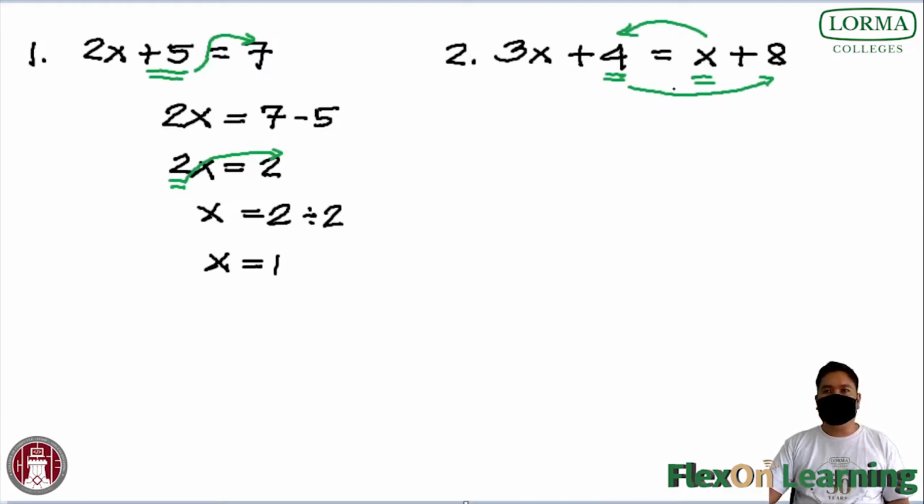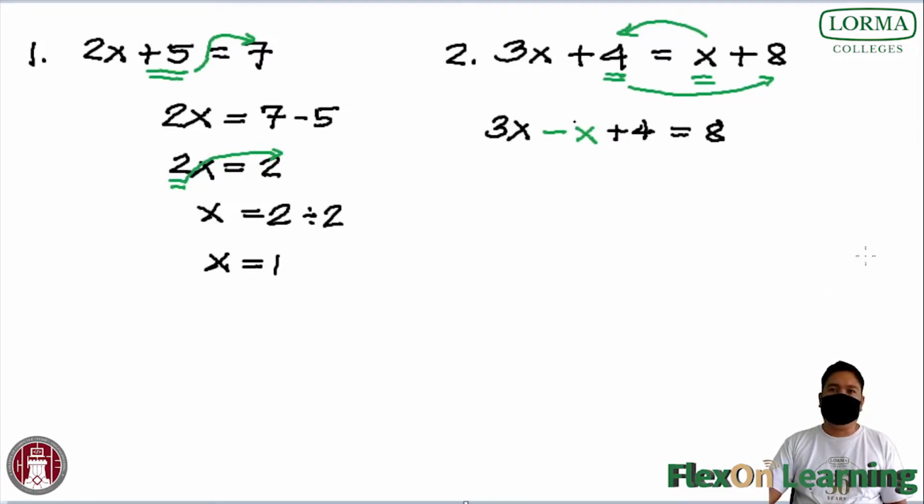So let's do that one by one. Let's transfer the x first. So that would be 3x, then we transfer the x, that would be minus x, and then plus 4 would be equal to 8.